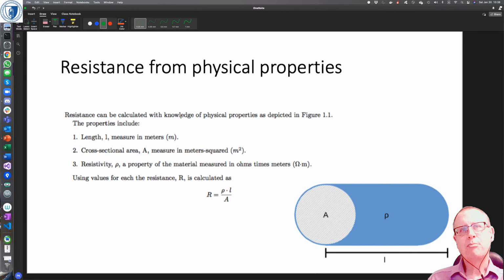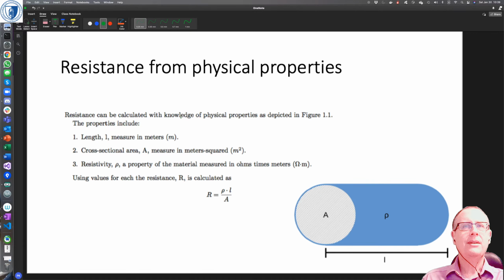So one of the really basic things in this course is how do we get resistance? And resistance is a physical property of a thing. Just about anything has resistance. And this is a way to calculate what the resistance of a particular thing is.